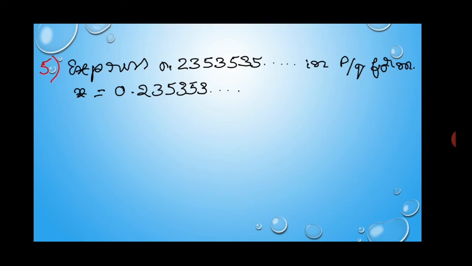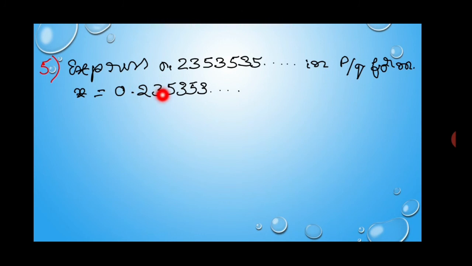Now here, what is the decimal expansion? This is a repeating decimal expansion, and here we can observe two digits are repeating. What are they? 5 3 5 3, again 5 3, they are the repeating digits.